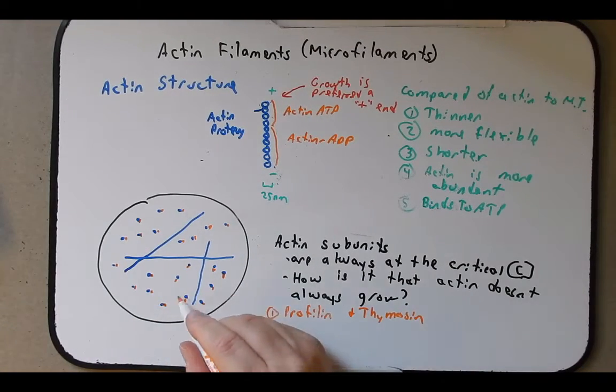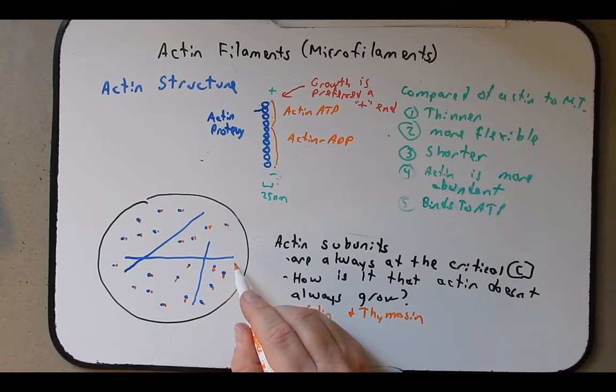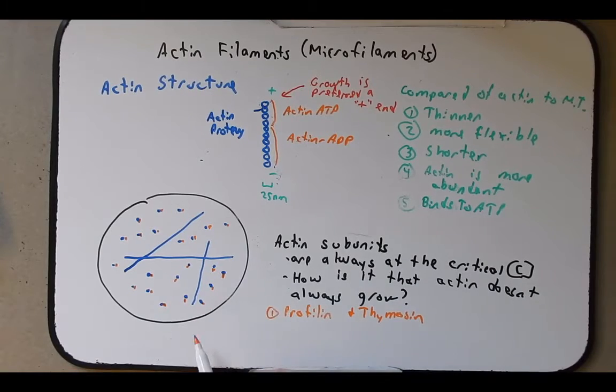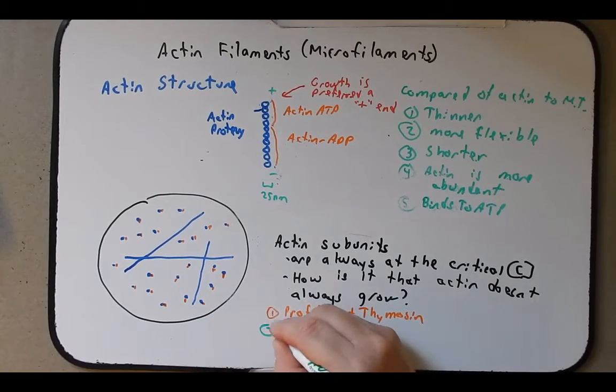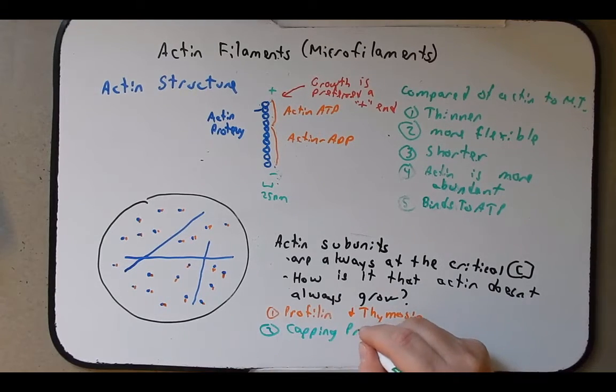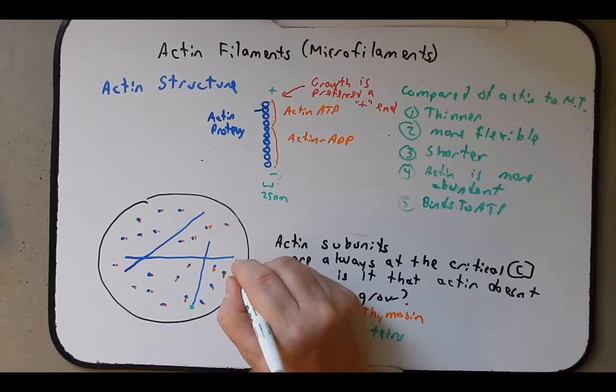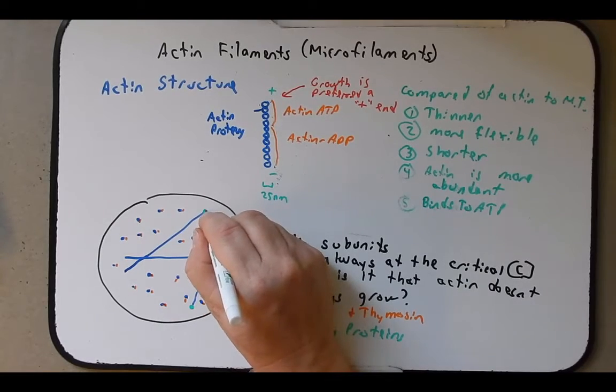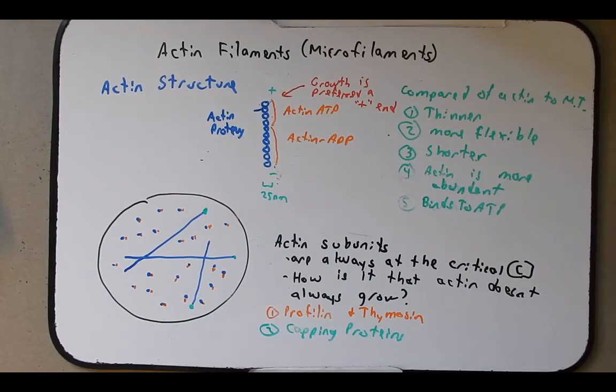But they're always present so that this actin filament can grow quickly when needed to, just by removing the profilin or the thymosin. Another way this is accomplished is by using capping proteins that will bind to the plus end of these filaments, preventing addition of monomers.